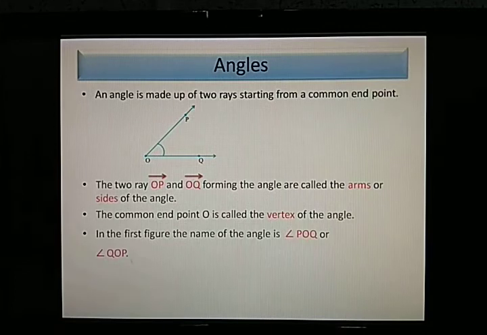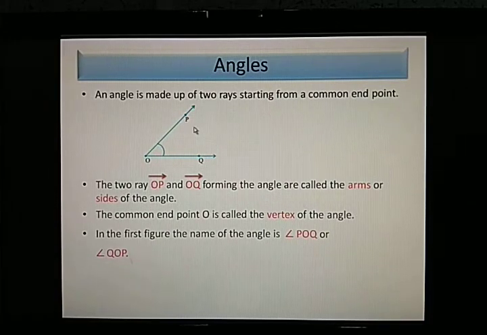Now next, this is the first figure. One more figure is coming up. So in this figure, we have to name this angle. How will we name it? Can we say it is angle O? No. O is just a vertex. Although we can name this by giving some symbols like alphabets A, B, C, D, or even 1, 2, 3, 4, we have a particular name for it.